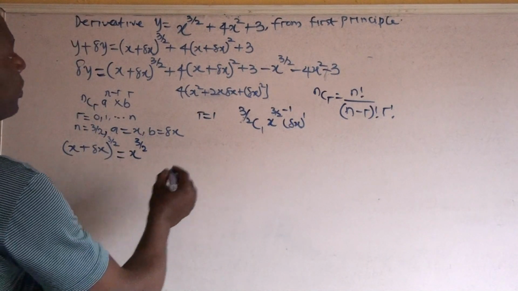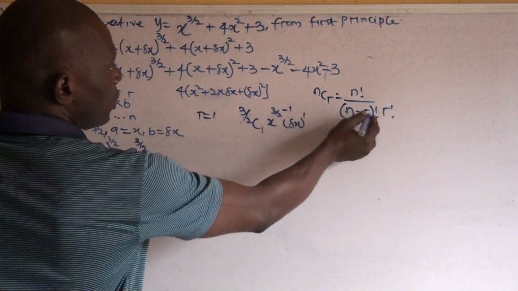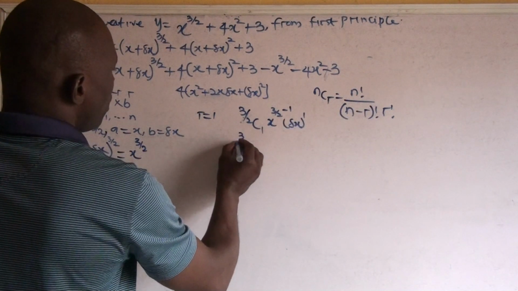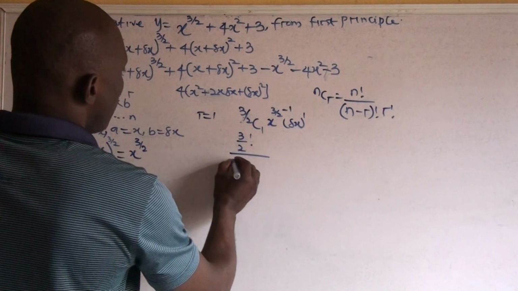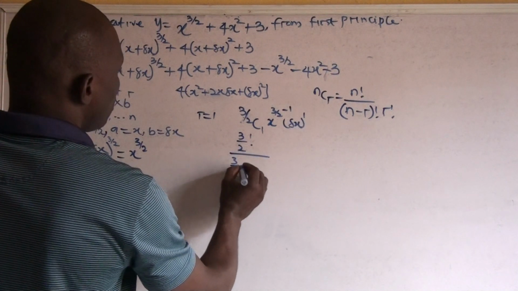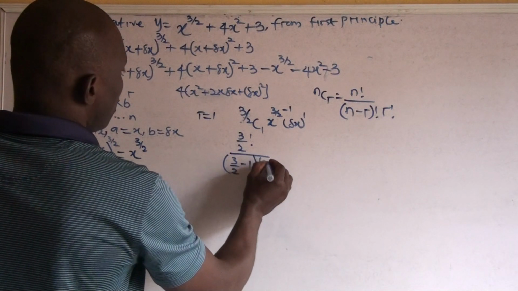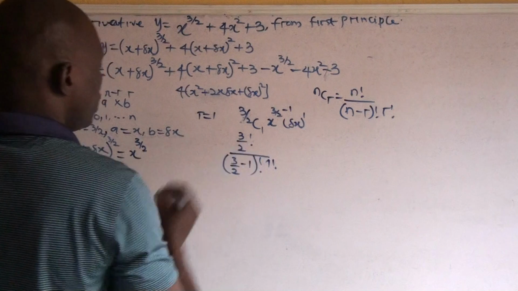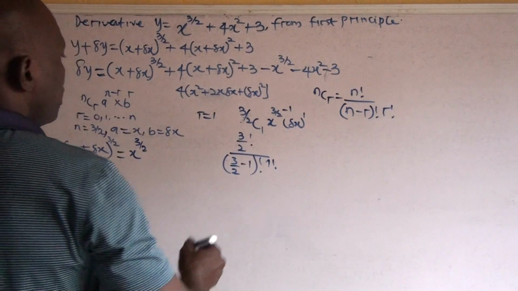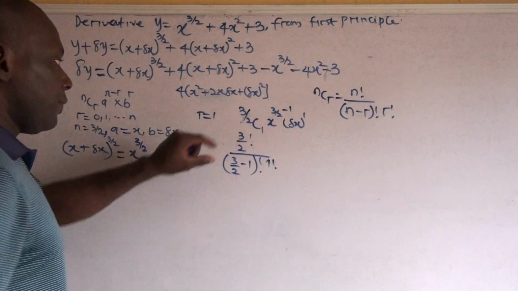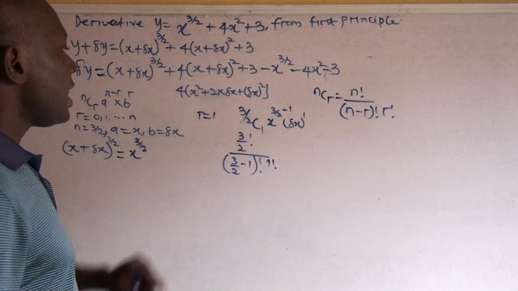So here let's find the expression for this using this formula. This is 3 over 2 factorial all over 3 over 2 minus 1 factorial times 1 factorial. So what we need to do here is we won't bother ourselves with this. We'll leave the term at the denominator in that manner.